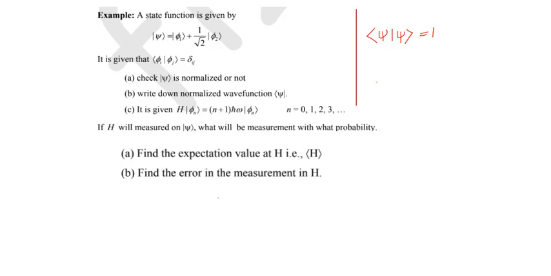So to find it, we are substituting phi instead of psi. Instead of ket notation, I am writing in bra notation. In bra-ket notation, we write psi in terms of ket notation.